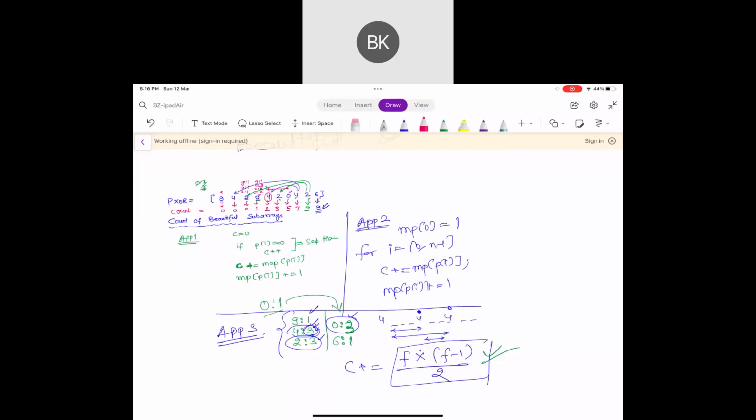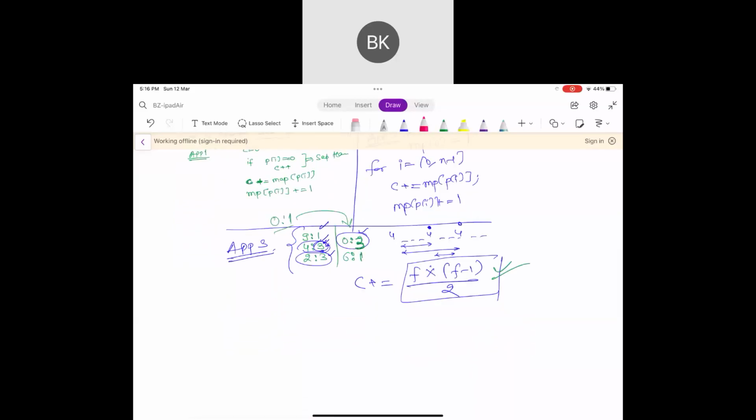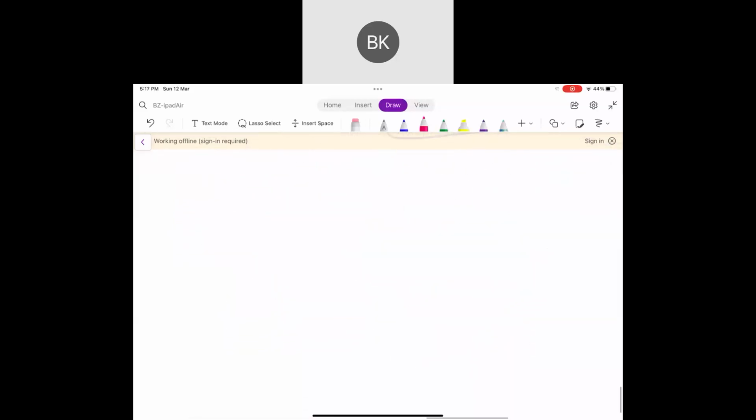Okay, then we should move to the last one. Why initialize with 0? Bhavna is asking. Kaushik, would you like to answer that? Yeah, Bhavana, see, we have 2 as the frequency for 0.